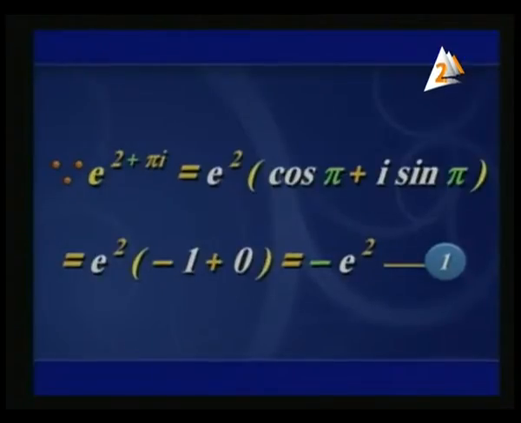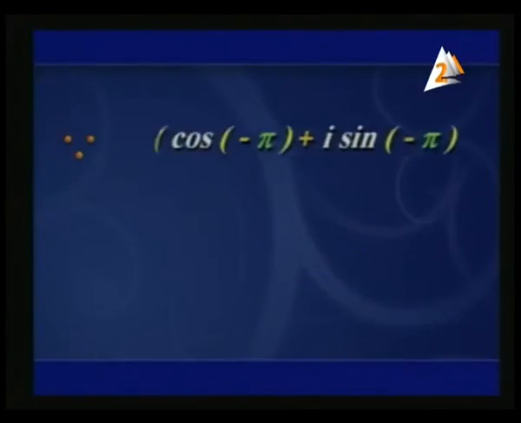Since e to the power 2 plus pi i equals e squared times e to the power pi i, and e to the power pi i equals cosine pi plus i sine pi, the trigonometric form instead of the exponential form, it equals e squared times negative 1 plus 0, equals negative e squared, and this is equation number 1.